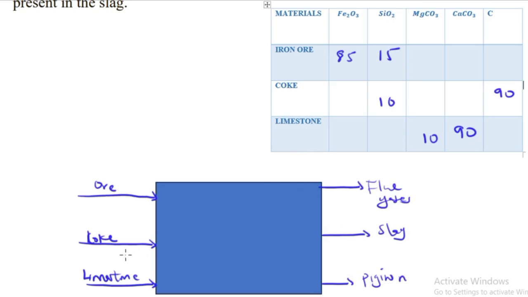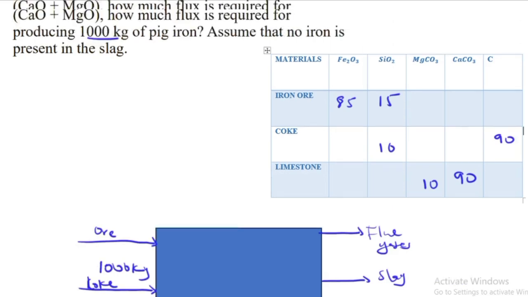From the question, they gave us that the coke is 1,000 kilograms and the pig iron also is 1,000 kilograms. Let's move on to the composition of the pig iron.